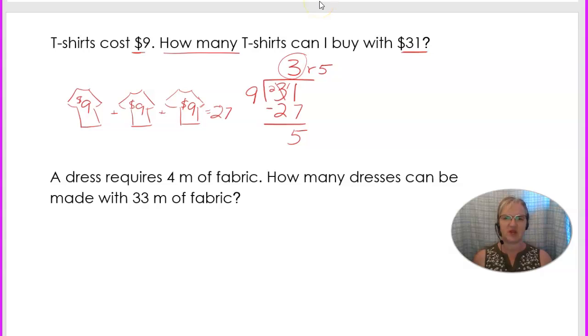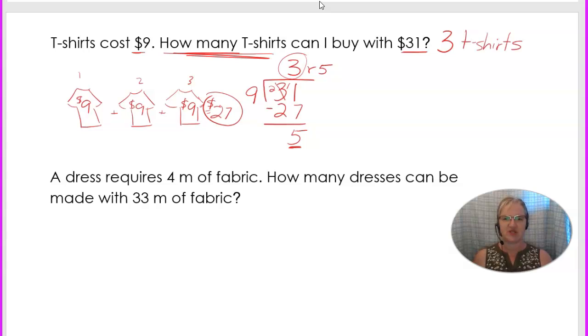So that's how we know we can have 3 groups. There's 1, 2, 3 groups that each have $9 in them. So we'll end up spending $27 in total, and we'll have 5 left over. Can you buy another t-shirt with that 5? No. And that's all it asks is how many t-shirts. So our answer would be 3 t-shirts.